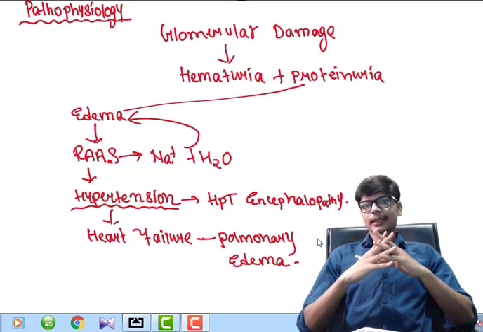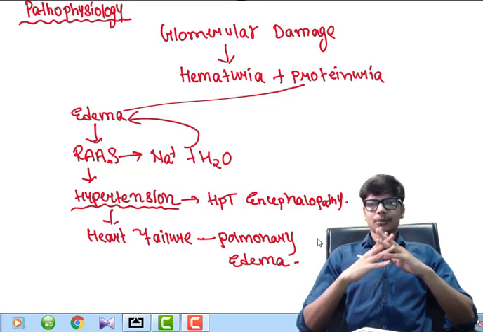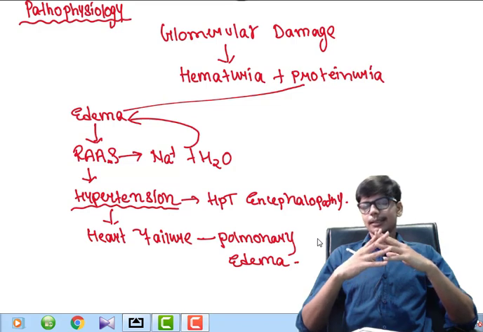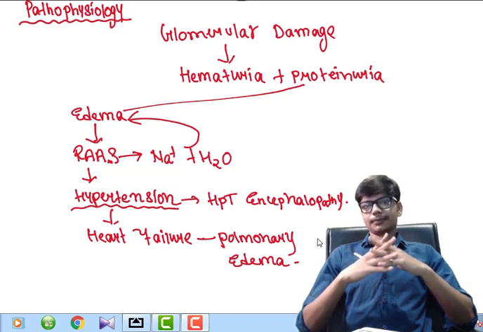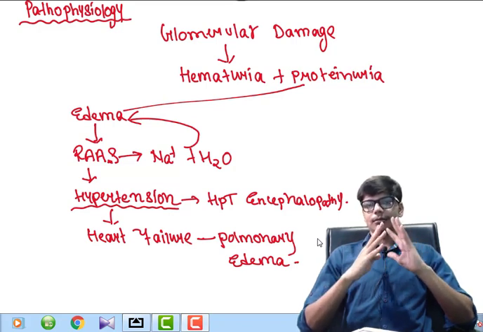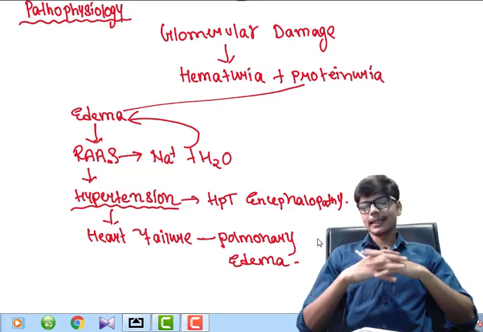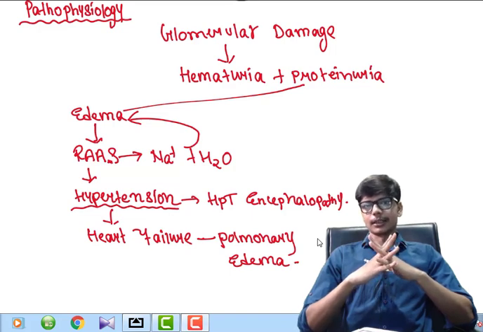Now this antibody can itself go and destroy the glomerulus due to molecular mimicry, or it can combine with the streptococcal antigen and get deposited on the glomerular unit. As the antigen antibody complex is deposited in the filtration unit, it leads to activation of the complement pathway as well as destruction of the glomerulus. Once the glomerular damage occurs, it results in leak, and this leak results in hematuria and proteinuria.